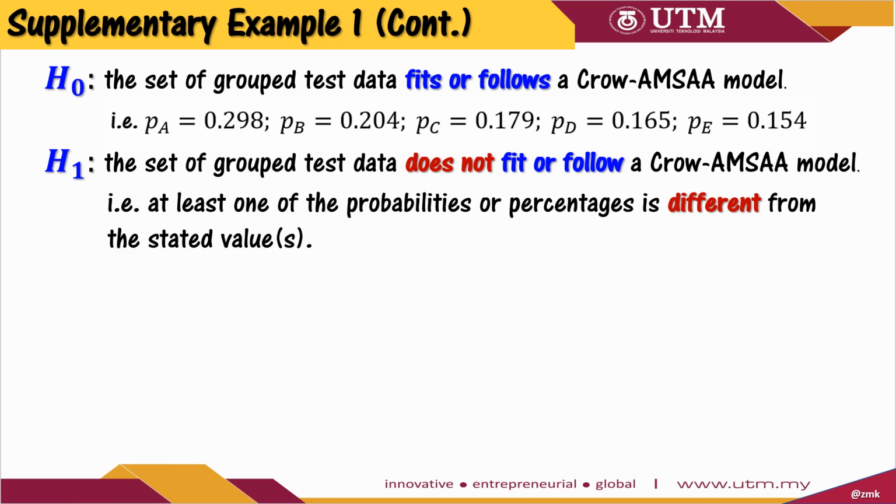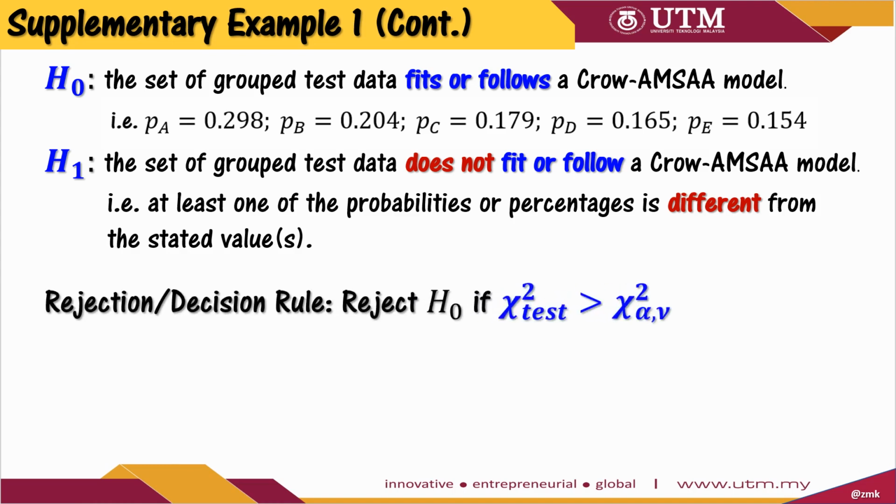Since we know this is a goodness of fit test, the rejection or decision rule is only one, that is, to reject H0 if chi-square test is greater than chi-squared alpha nu. We know alpha is 0.05 or 5% level of significance. What about nu?